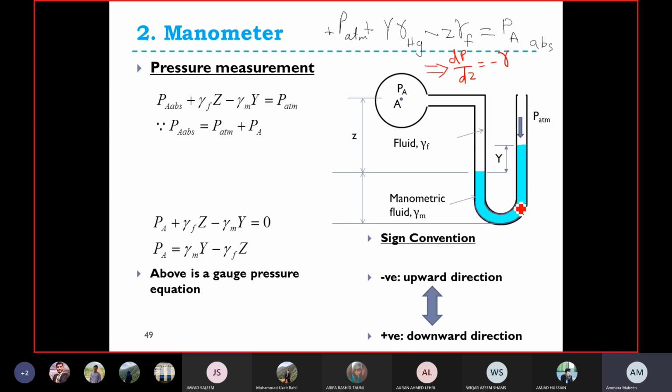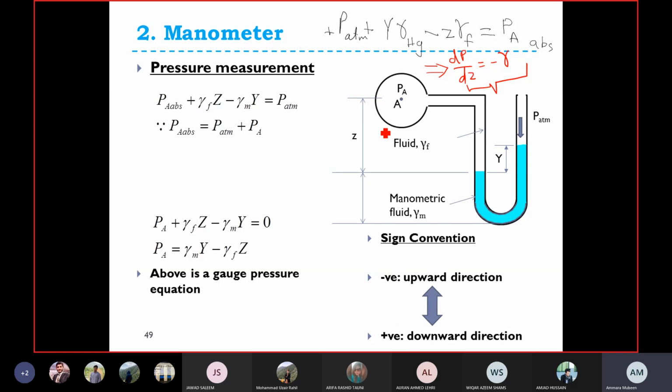If I'm going from here to here, P1 would be here and P2 would be here, P2 minus P1 over Z2 minus Z1 is equal to minus gamma. So the sign convention is according to the principle which we derived in the previous class. Negative pressure would be in the upward direction and positive pressure would be in the downward direction. Keeping this sign convention in mind, you can find the equation for pressure at A.